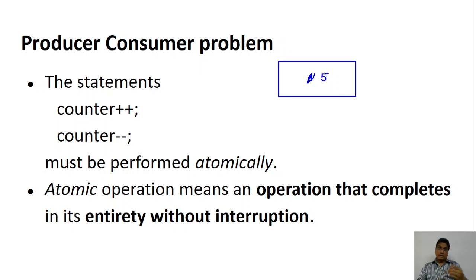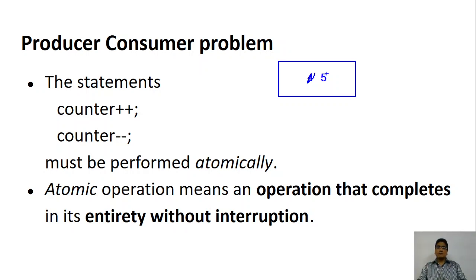When I say others, you know very well we have cooperating processes: a producer and a consumer. If the producer is increasing the value from 4 to 5, until the value is changed to 5, the consumer is not supposed to read it. In the same way, if the consumer is decreasing the value from 5 to 4, the producer is not supposed to read the value until the whole operation is performed.